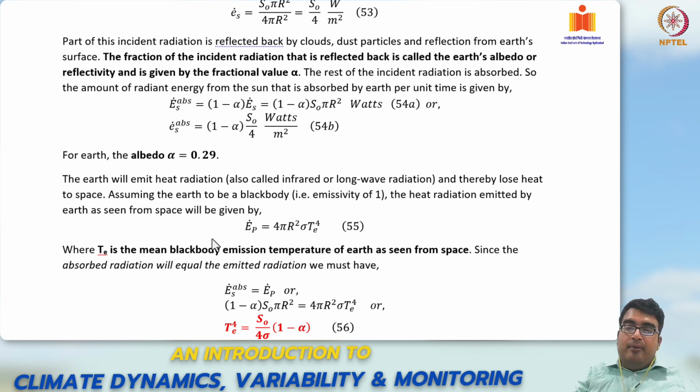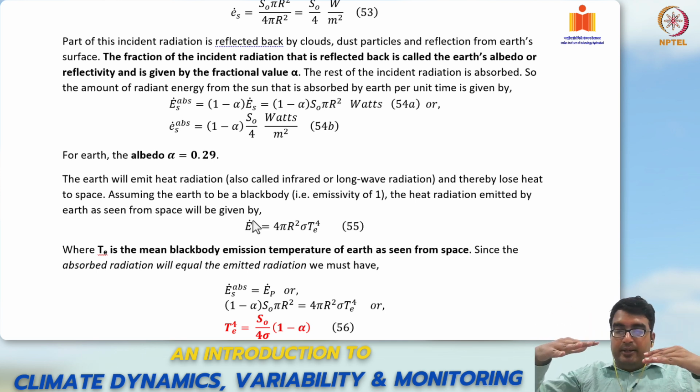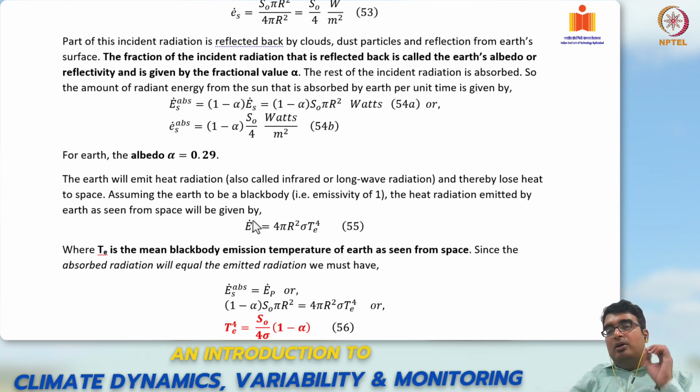Eventually, the planetary thermal radiation emitted will again balance the incoming absorbed solar radiation, and at that point we reach equilibrium. So, there is an equilibrium temperature at which E dot P will be equal to E dot S absorbed. The total energy absorbed by the planet will be equal to the total energy released by the planet, and at that point the temperature will stabilize.